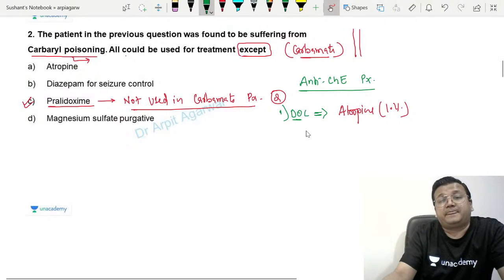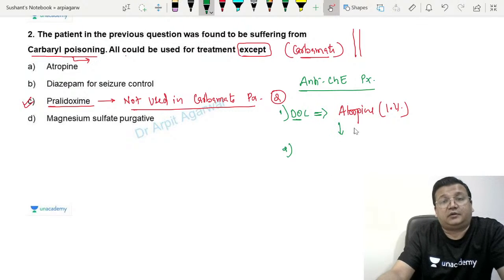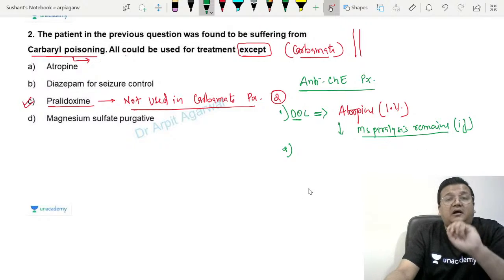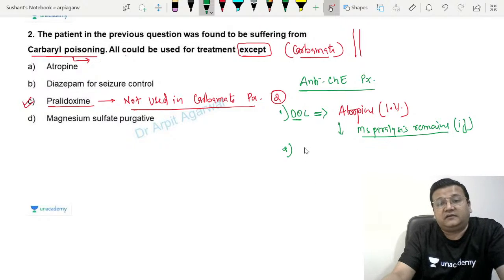And if, even after a lot of atropine, muscle paralysis remains, and there is a very big if, you can give oximes.